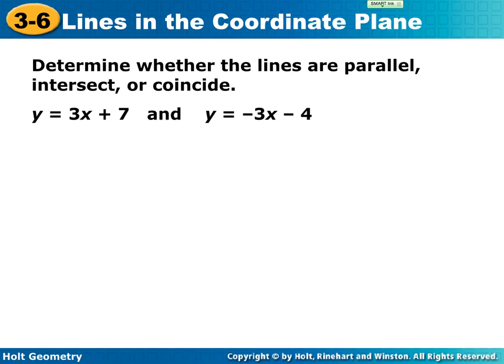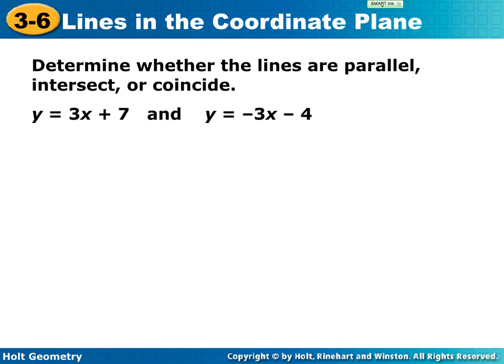Are they the same? Are they different? And go from there. You don't have to graph them, you just have to analyze that. Did you get those notes down? So just decide based on what the slope and the y-intercept are.